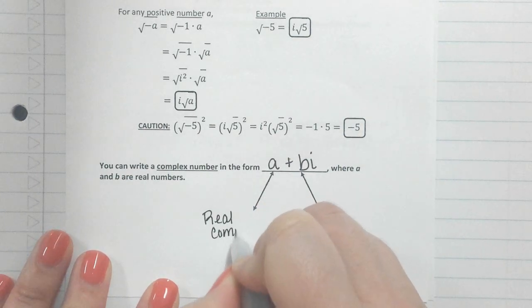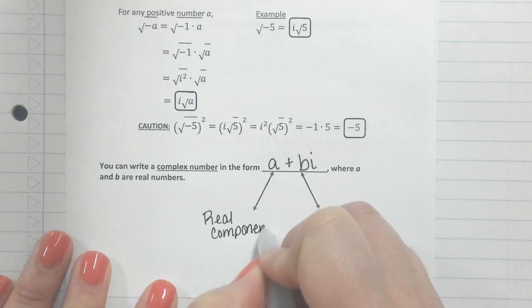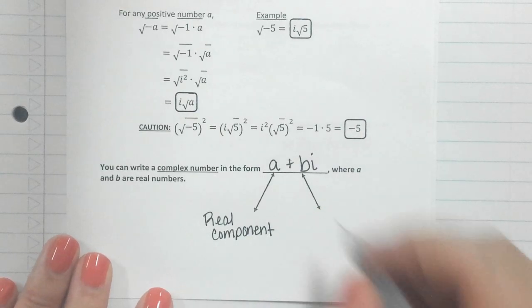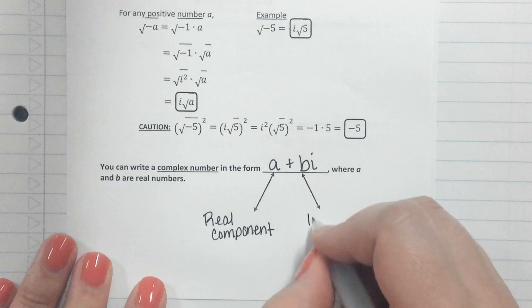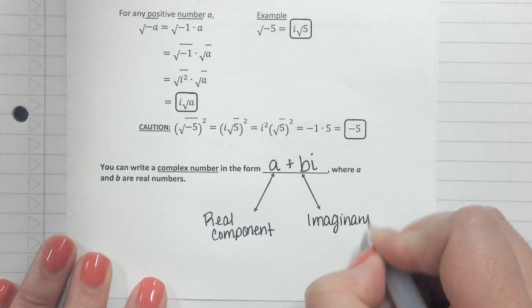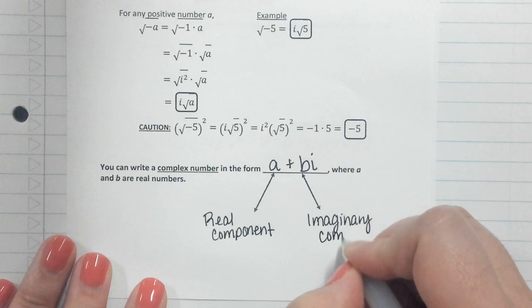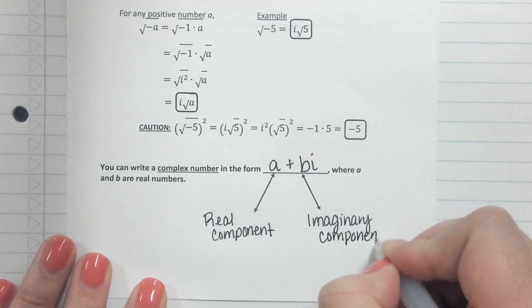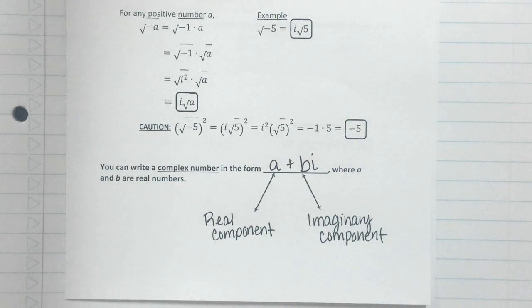So all numbers have a real component, and then the bi represents the imaginary component. All numbers. If I'm working in the complex number system, all numbers can be represented that way.